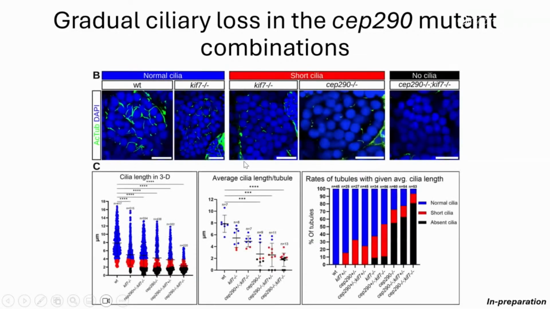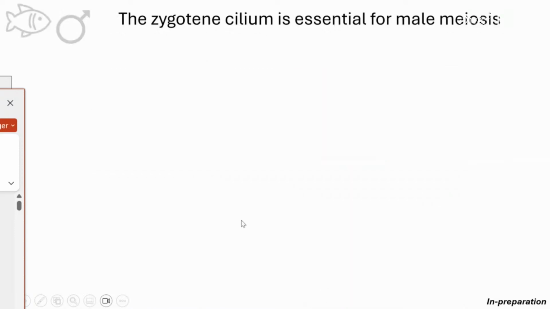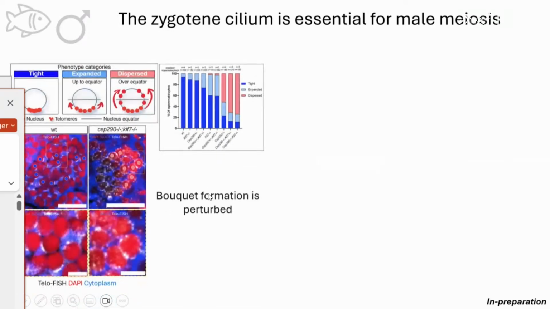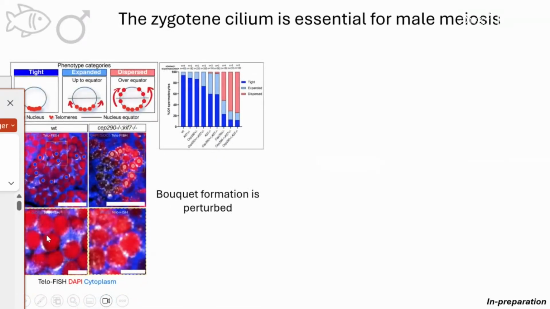We wanted to check whether the cilia are completely abolished in the Sep290 mutant background, and indeed there is a gradual loss of cilia in the Sep290 ciliary mutant combinations. Upon ciliary loss, also the nice tight bouquet configuration of the wild-type spermatocytes is lost in the ciliary mutants.